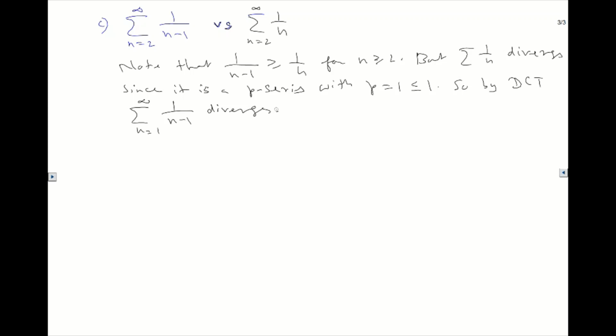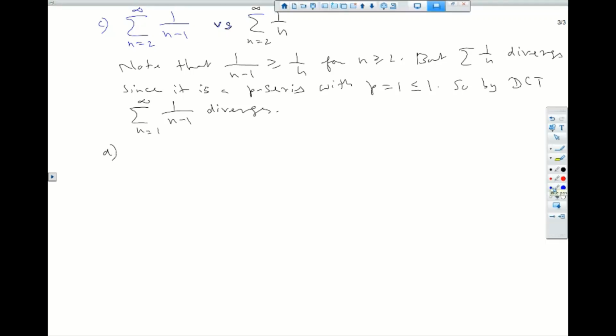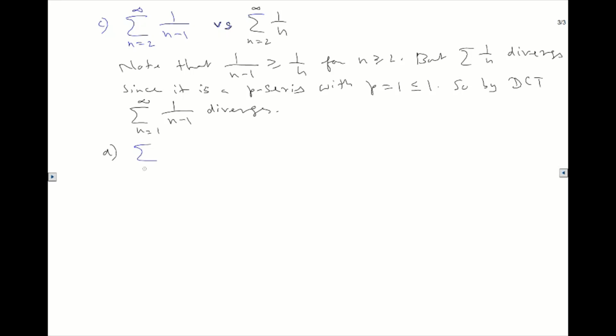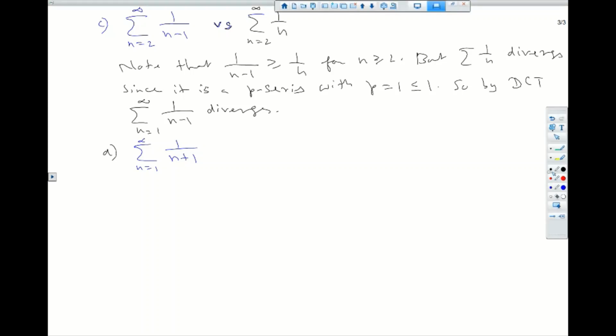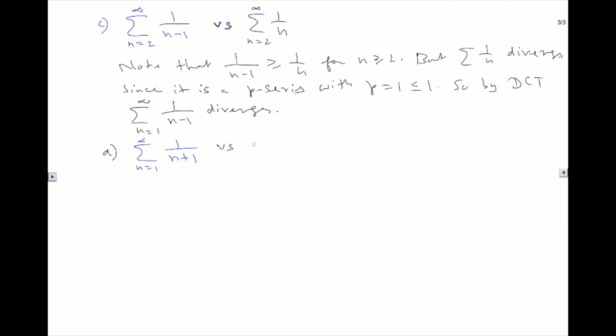Good. So how about this one? Number D, the sum for n going from 1 to infinity of 1 over n plus 1. As before, we're going to compare this with the sum for n going from 1 to infinity of 1 over n.